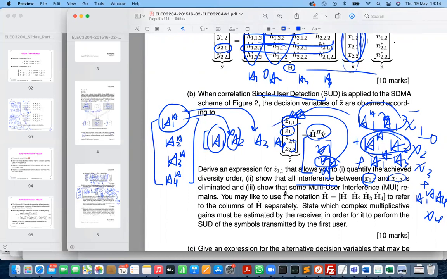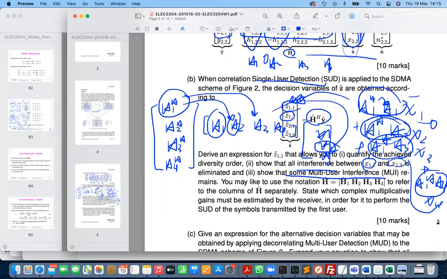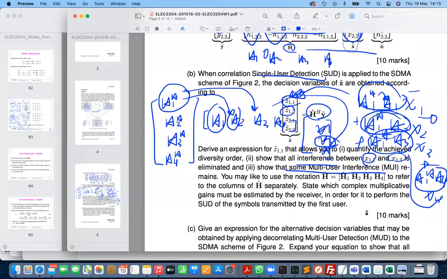Also, you need to show what the interference terms are. So H1 multiply H3, and then H1 multiply H4. These are all interference terms. And then you need to state which complex multiplication gains must be estimated by the receiver in order to perform single user detection by the first user.